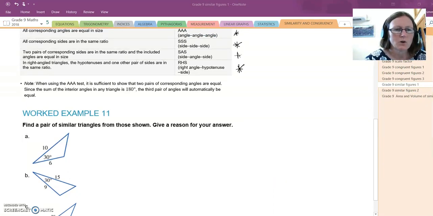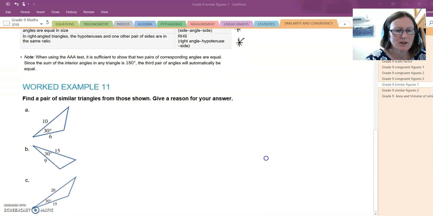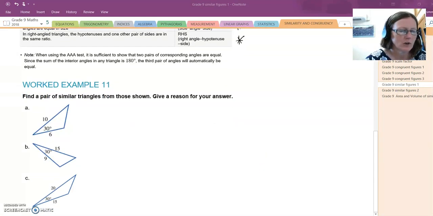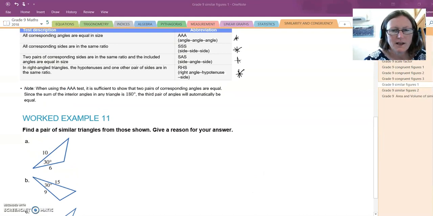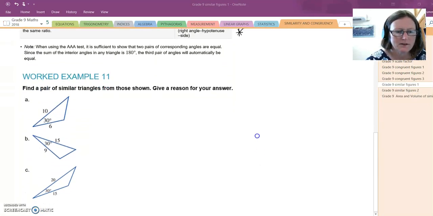SSS, all corresponding sides are in the same ratio. We only know two sides. It's not going to be the fourth one, RHS, because it's not a right angle triangle. So is it SAS? Two pairs of corresponding sides are in the same ratio and the included angle is equal in size. So let's have a look at that one.